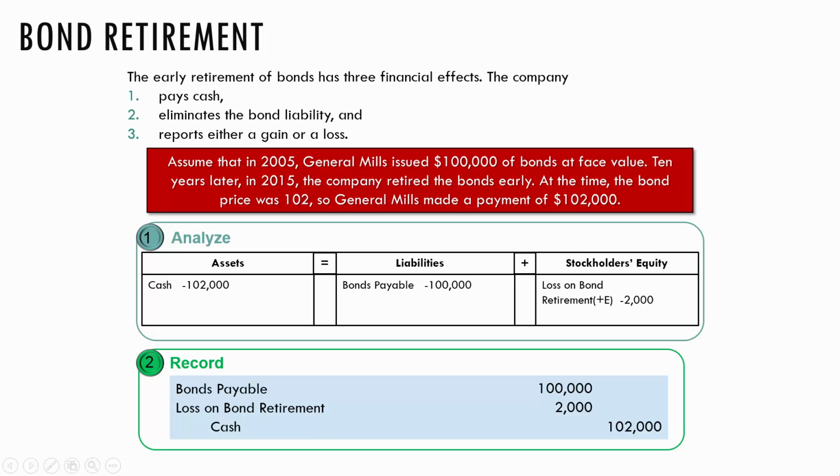Now the corollary to this. What is the corollary to this? Just in the previous chapter, we had equipment, and we got rid of equipment. And we said the way you look at it is you get rid of the equipment, you take it off the books, you take any accounts associated with that equipment off your books, which is accumulated depreciation, and then you record the cash amount and you do what you need to make it balance.